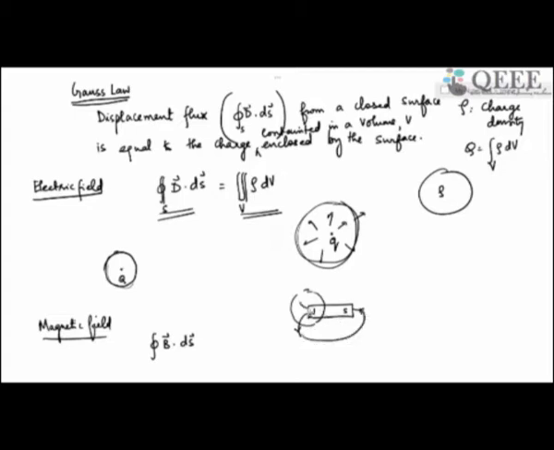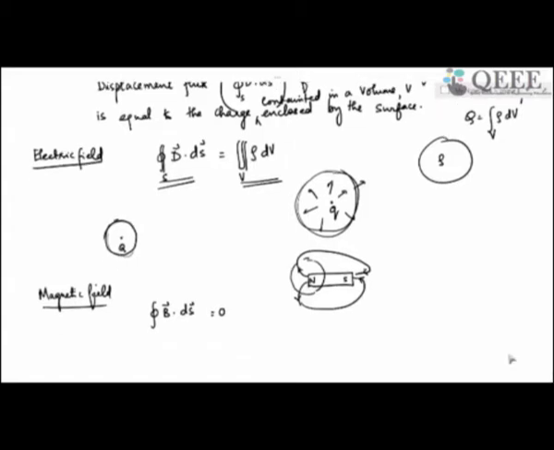I have as much flux entering the system as leaving the system, so net flux is 0. So B dot dS is 0. Another way of saying it is, just like how I can find an individual positive charge, I can't find an individual magnetic pole. So this one is your Gauss law for magnetic field, this is Gauss law for electric.